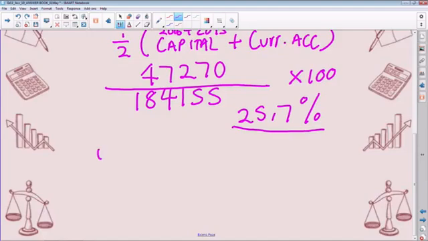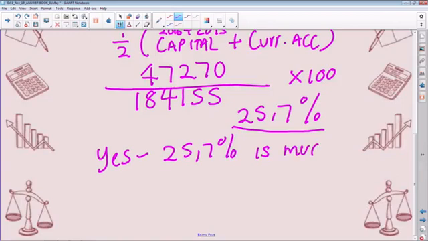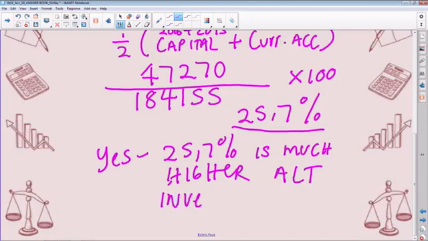Should she be satisfied? The answer is yes, because the return of 25.7% is much higher than alternate investment, for example, a fixed deposit.